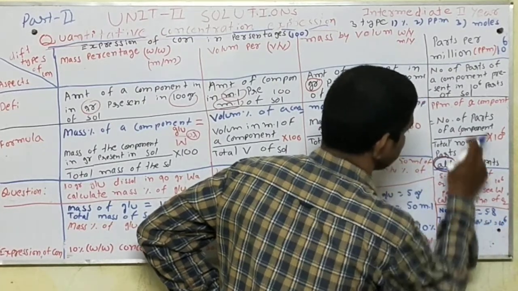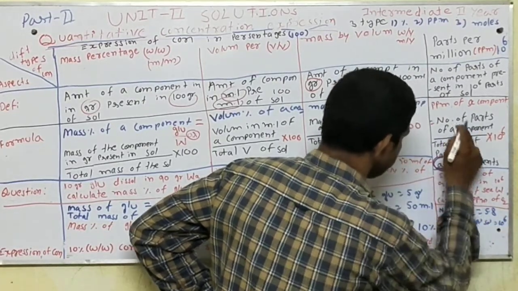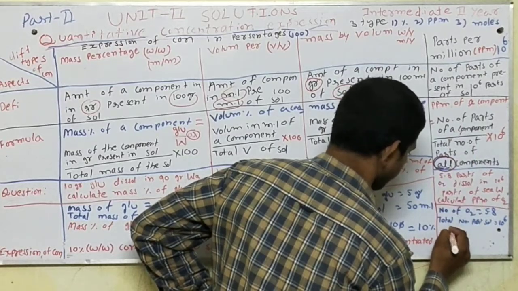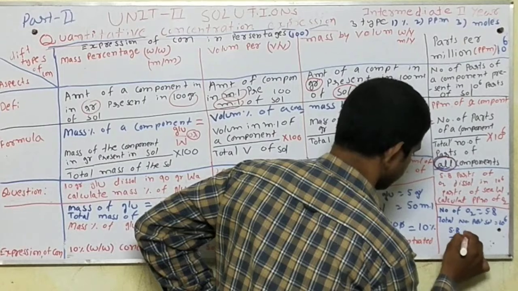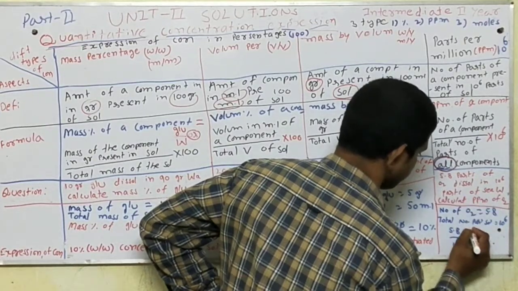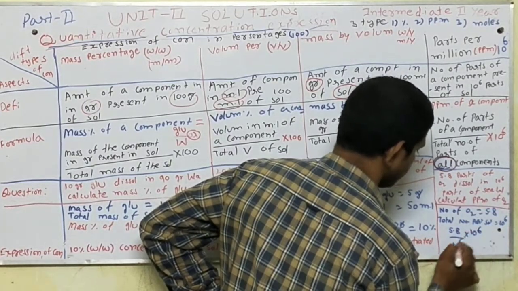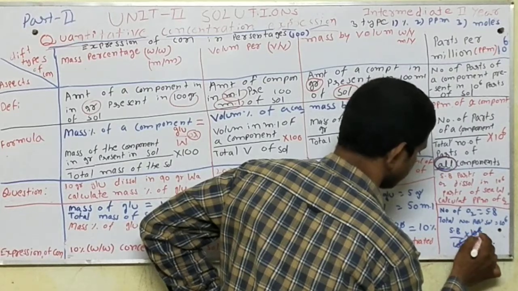We substitute these values in the above equation: 5.8 by 10 power 6 into 10 power 6. The 10 power 6 cancels.